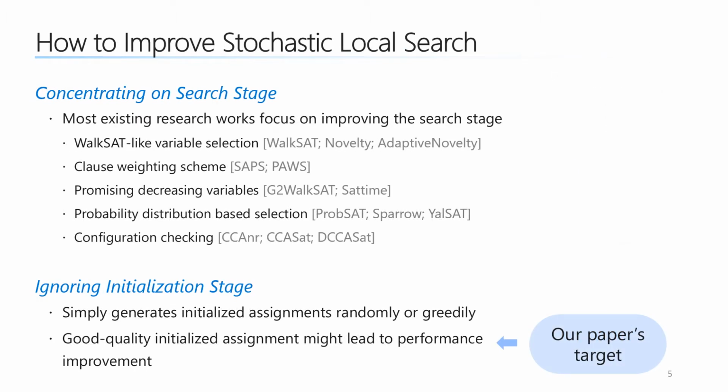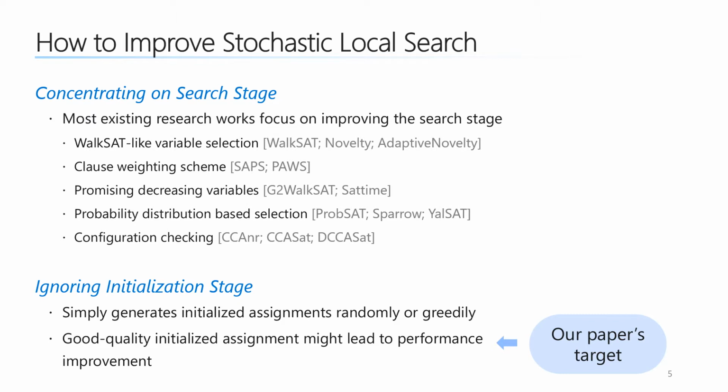Here, we discuss how to improve the performance of stochastic local search. Actually, most existing research works focus on enhancing the search stage, which results in a number of achievements, such as variable selection, clause weighting schemes, promising decreasing variables, probability distribution-based selection, configuration checking, and so on.